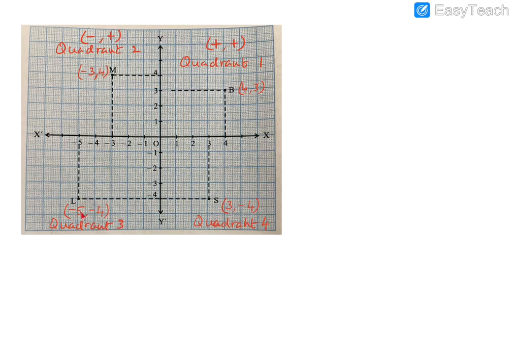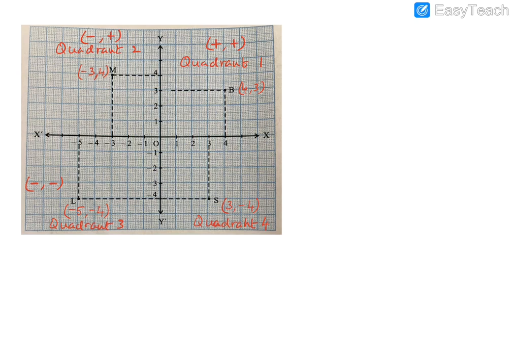For the third quadrant, we see that both the coordinates are negative numbers. The x coordinate is negative and the y coordinate is also negative. So for the third quadrant, the sign of both the coordinates will be negative. That's minus comma minus.